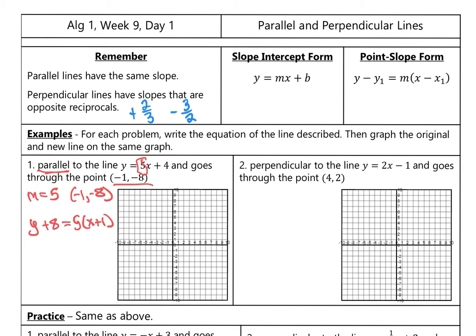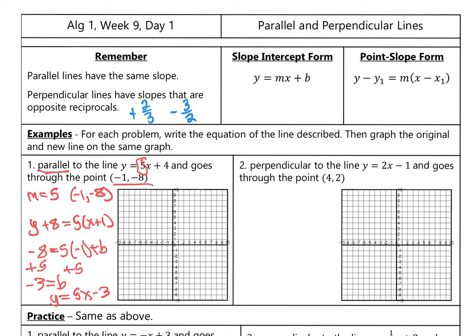You should end up getting, let's see, a -5 that I'm going to add over here, so that's -3. So in slope-intercept form, it's y equals 5x minus 3.